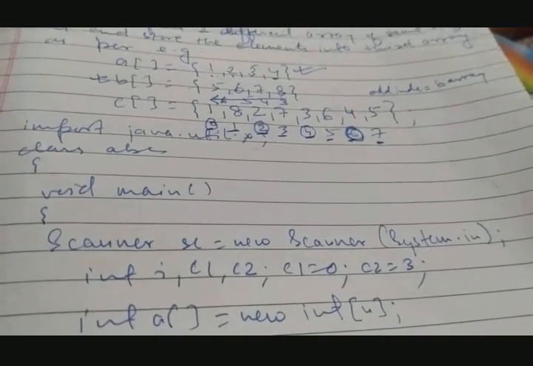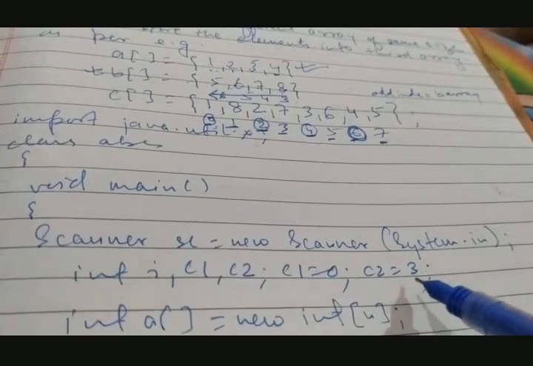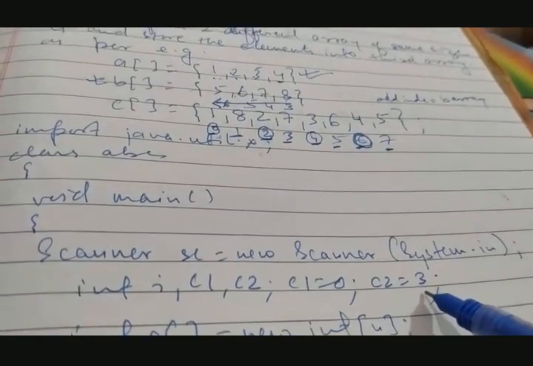तो मेन बनाया, 2 काउंटर लिया, C1 C2, C1 को 0 किया और C2 को लास्ट इंडेक्स दिया 3, किसका?